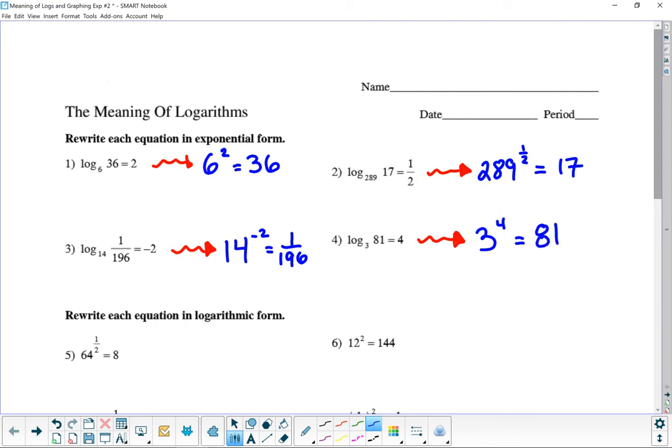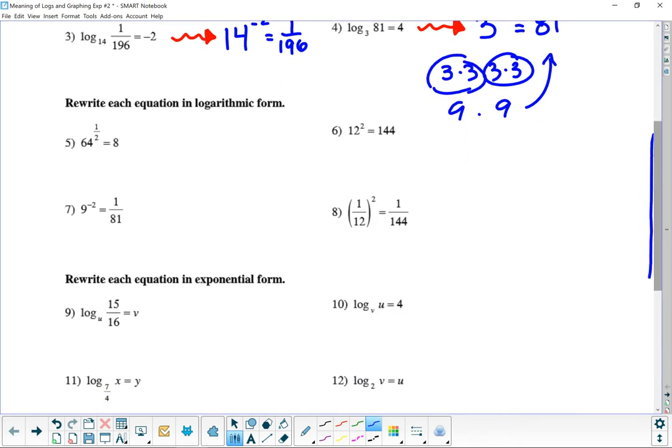Okay, and you can check on the calculator, and that would be true. Actually, you can even check it now. 3 to the 4th power is 3 times 3 times 3 times 3. And we know each 3 times 3 is 9. So 9 times another 9, and that does make 81. Okay, so that checks out.